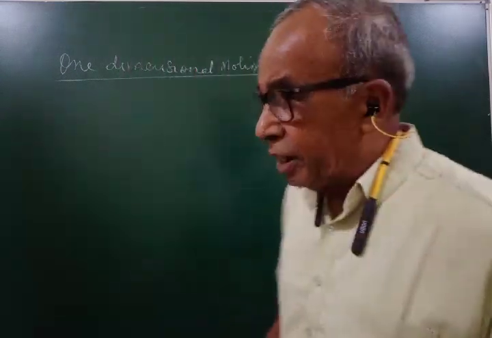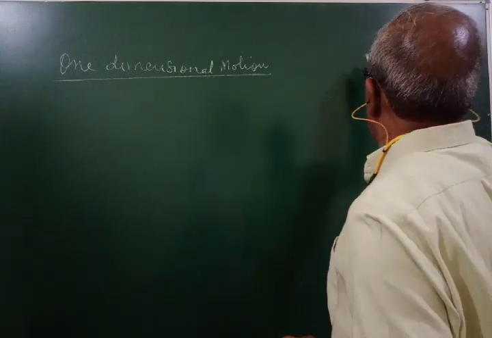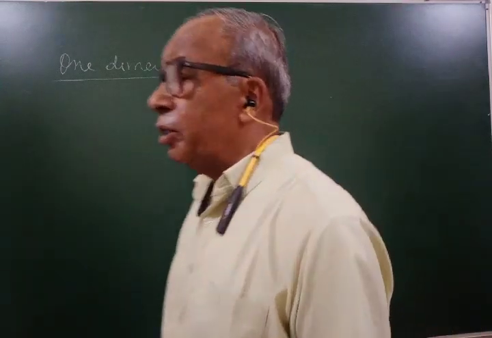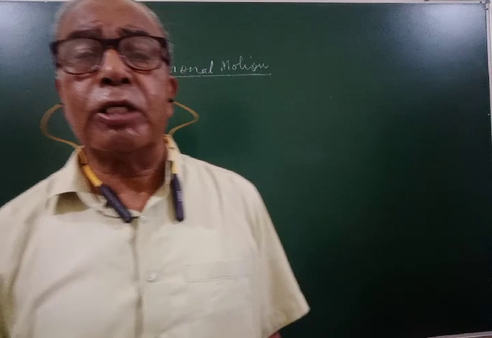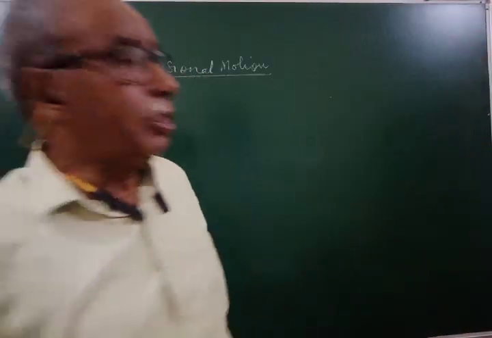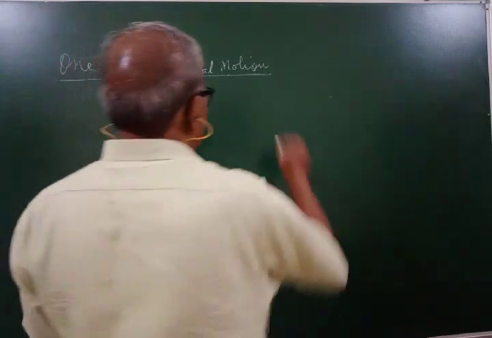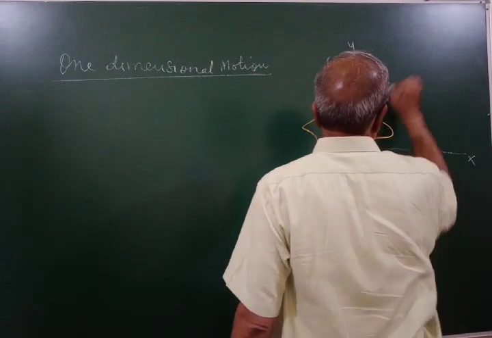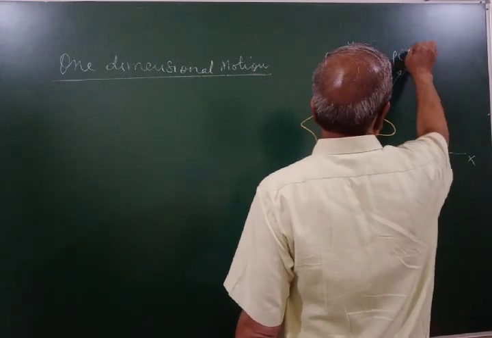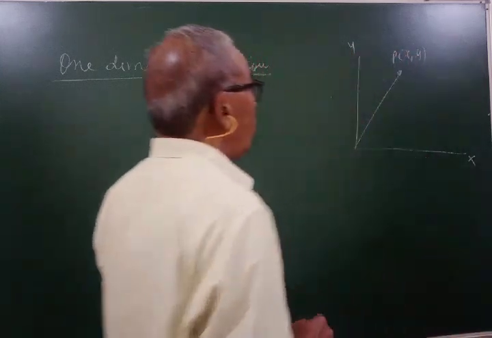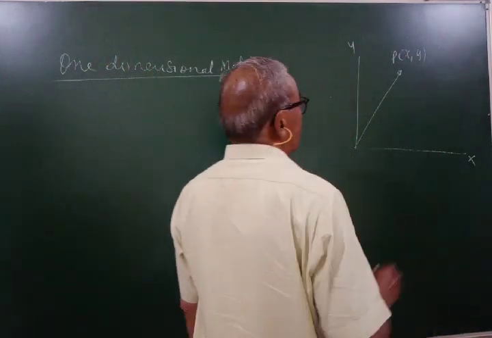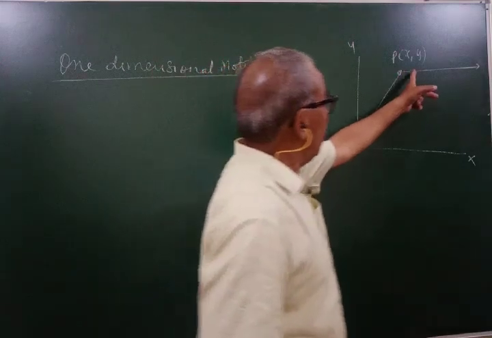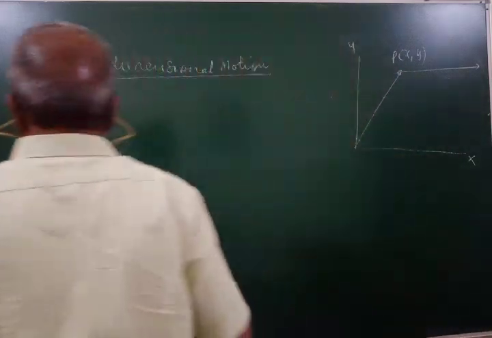If a body is moving on a plane surface, then its position is described by two coordinates x, y. If it is in space, then three coordinates of position. Suppose here it is the x, y plane and the body is here at point P with coordinates x, y. If only one coordinate of position changes, meaning it moves parallel to the x axis, so only the x coordinate changes, y is the same.